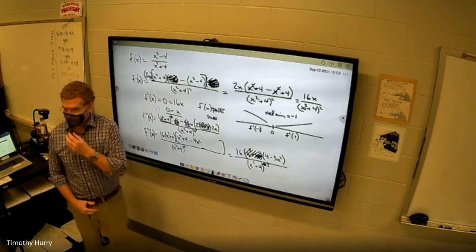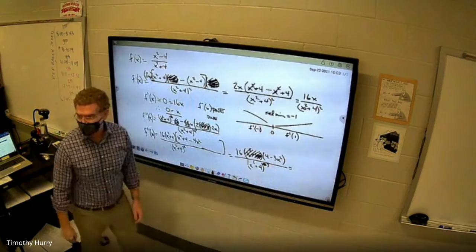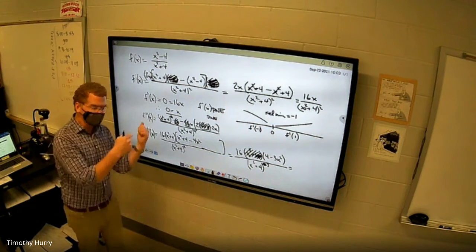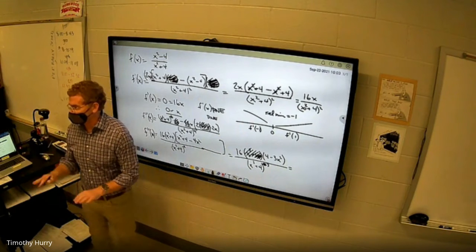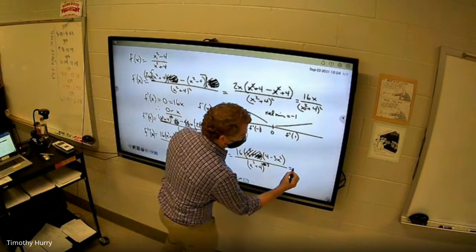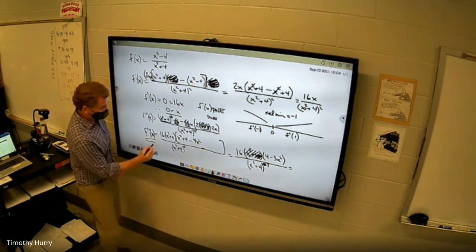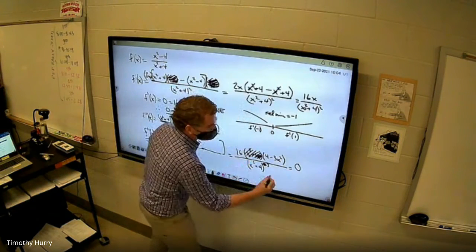So now that I have my second derivative, where is my second derivative equal to 0? Well, when the top is 0. Or the bottom, but the bottom can't equal 0, can it? So I would be really clear. I would say, okay, the second derivative, which I said right here, it's a big long equal sign, equals 0 when the top is 0.